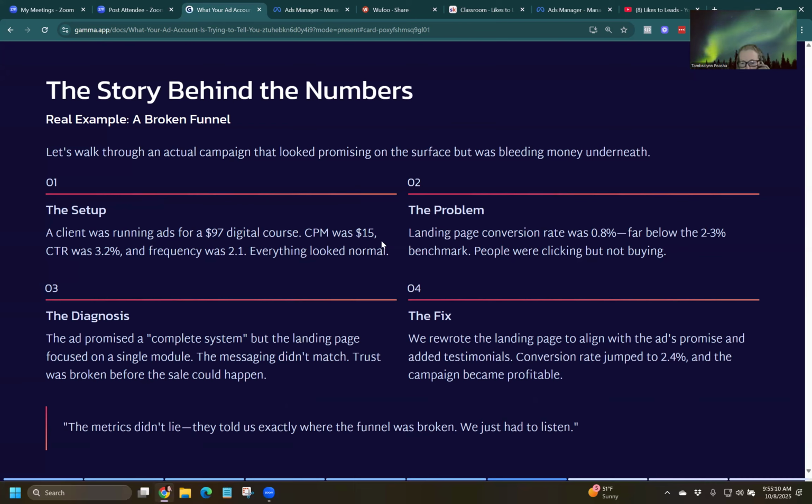And your CPM was 15, which I would love that number, by the way. And your CTR was 3.2%, which would be decent, and your frequency was 2 and everything looked good. You might think you're rocking, but the problem is you come over here and your conversion rate was less than 1% to opt in or to sale. That would be terrible.